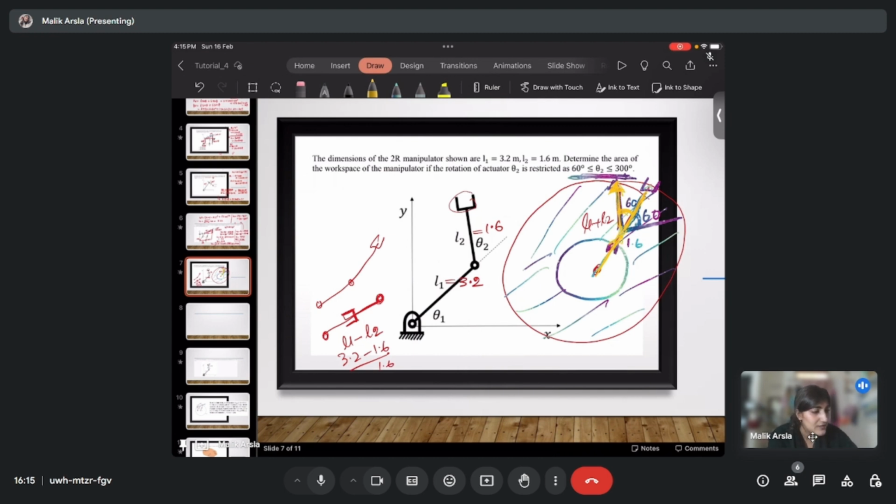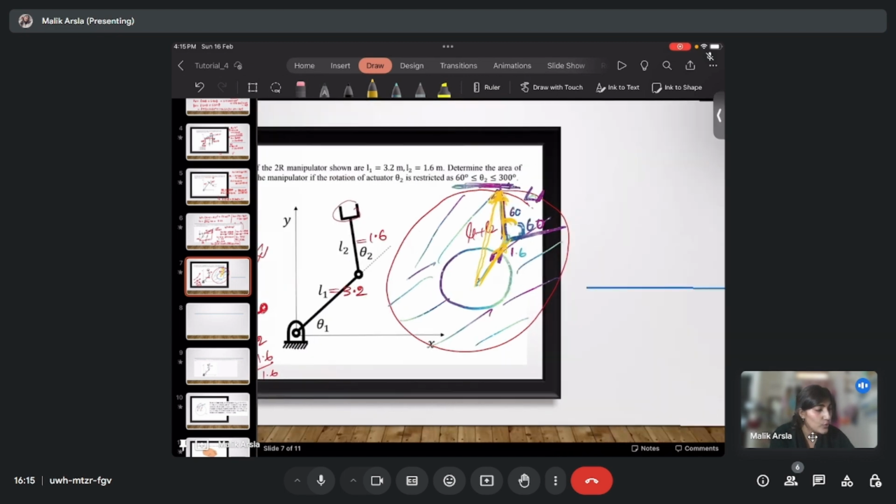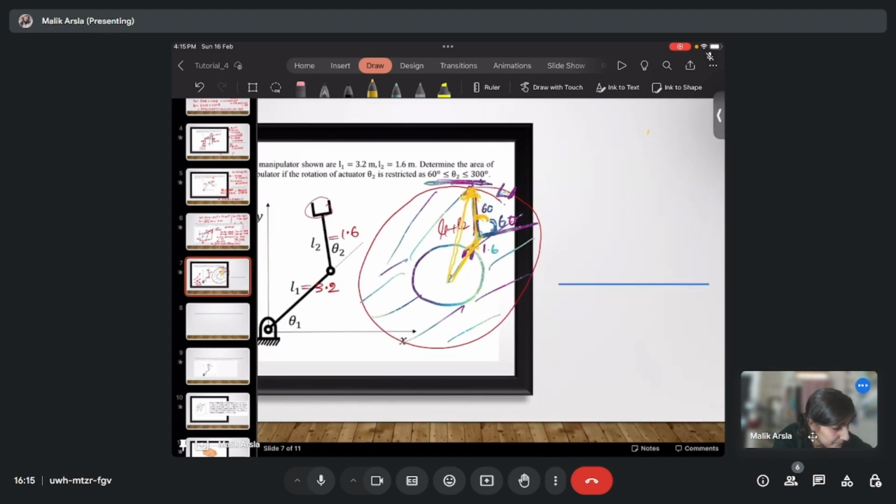So now this thing is out of picture. In that case the effective radius will be this. In the first case we considered the radius of the circle to be L1 plus L2, but in the case given in this question, the effective radius will be this. So you will have to calculate what that is equal to.